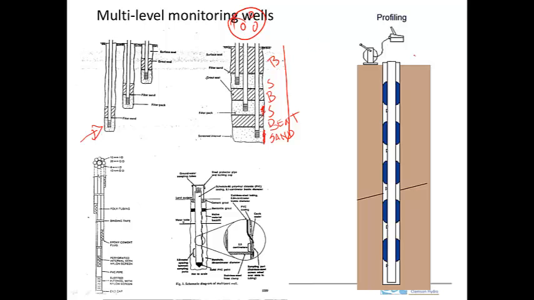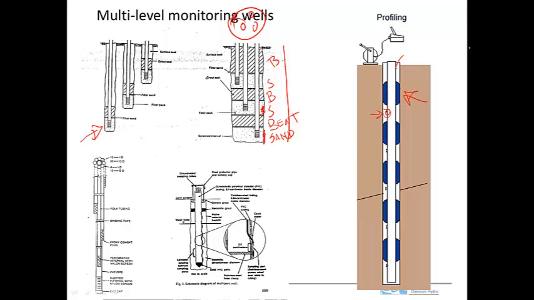Then there are variations that are even more exotic. This is a tube, and these are packers. That's a packer, and there are five packers along this casing, and there are access ports here. You send down a little contraption, and it opens up that access port and allows you to get fluids or measure pressure there. And so this is a multi-level well.